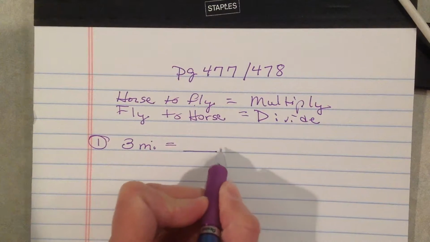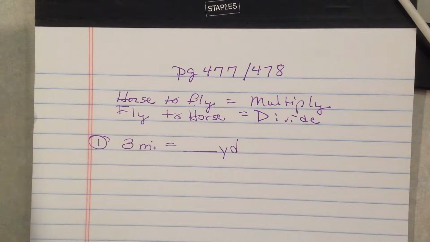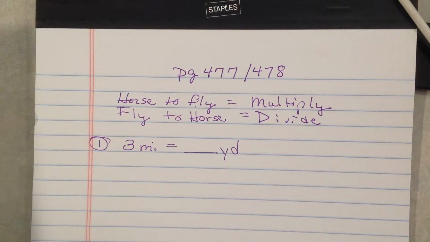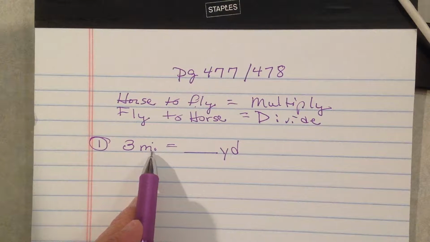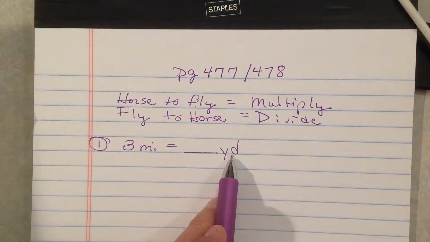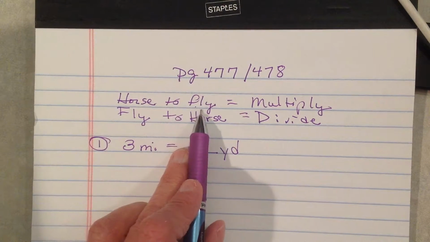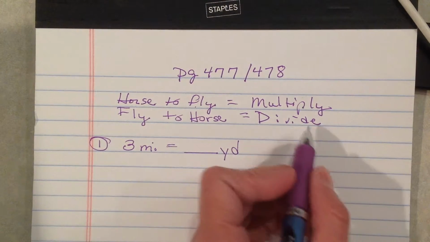The first thing you do is decide, are you going horse to fly or fly to horse? Miles are a lot longer than yards, so we are going horse to fly. So we're going to multiply.